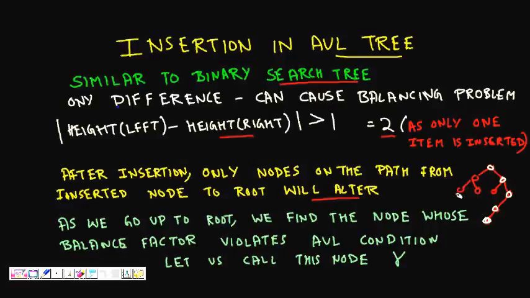This other node is not affecting the balance factor for this one. It is only affecting the nodes on the path from that node to the root.